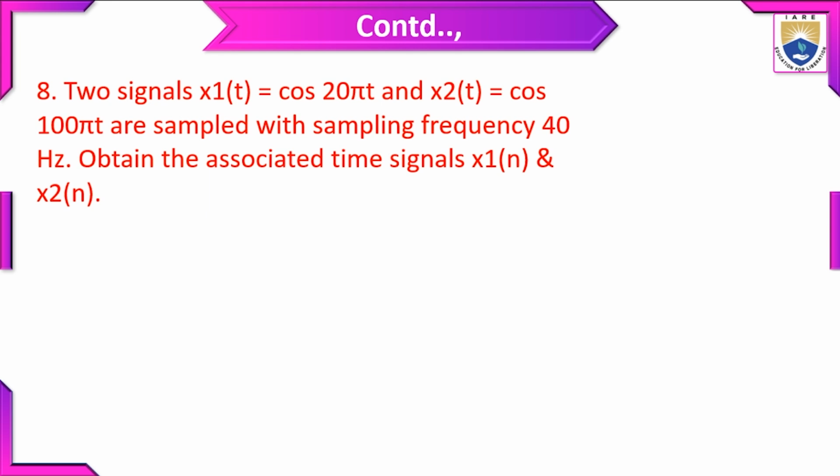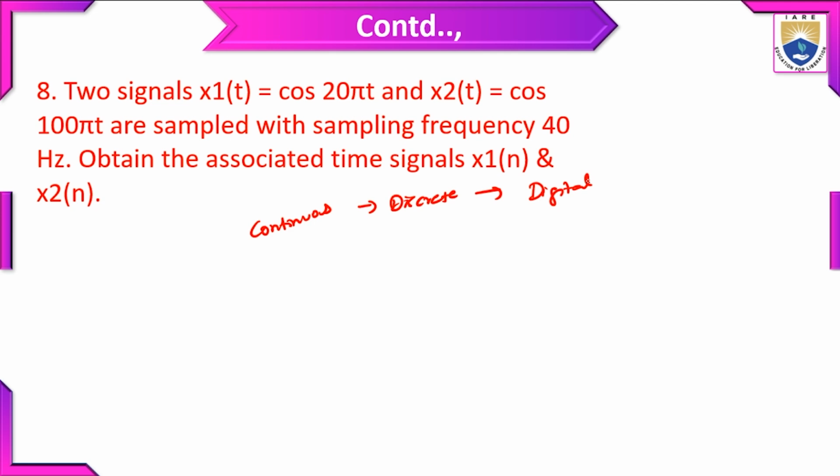So why are we using sampling? We are going to convert the continuous time signal into a discrete one. Because this is the first operation to convert a continuous time signal into a digital signal. That means continuous, discrete, then digital.